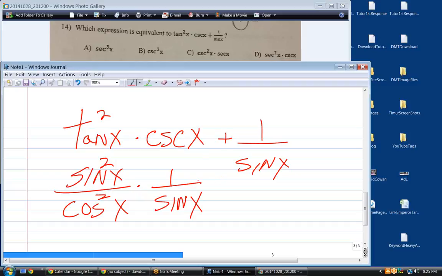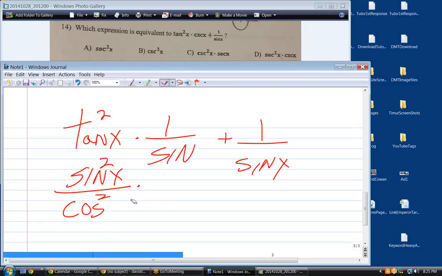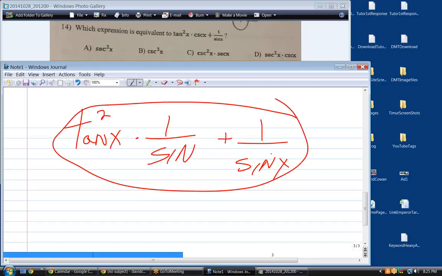Oh, that's convenient. Notice that that is 1 over sine. So now in fact, let's not turn everything into sines and cosines. Now that I turn that into sine, I can tell that it's going to be tangent squared of x over sine plus 1 over sine. So do that and simplify.